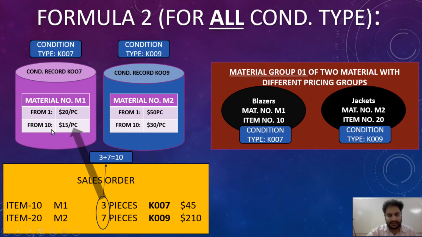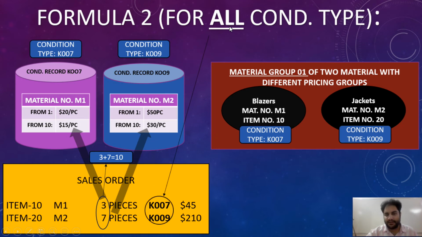Therefore, the condition that is from 10 and above would match. 3 pieces would be charged at $15 per piece for $45, and these 7 pieces would be charged at $30 per piece for $210. This is the beauty of the group conditions, that we can take into account the total order quantity so as to satisfy the vendor, and the customer also gets better discount.